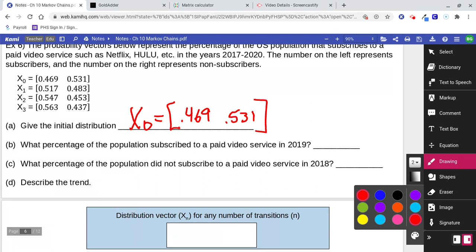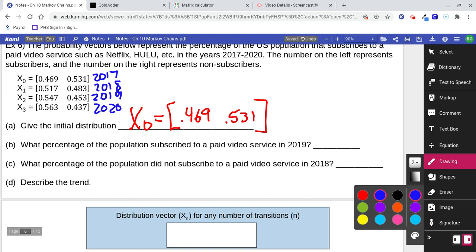B says, what percentage of the population subscribed to a paid video service in 2019? So remember, these vectors were for 2017, 2018, 2019, and 2020.